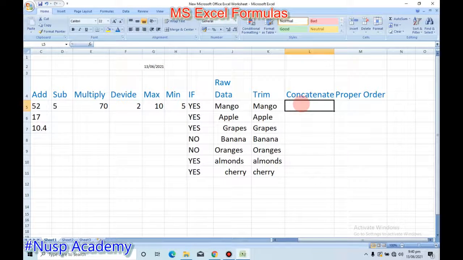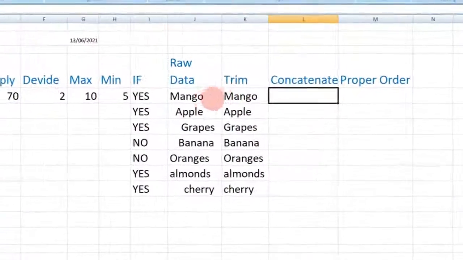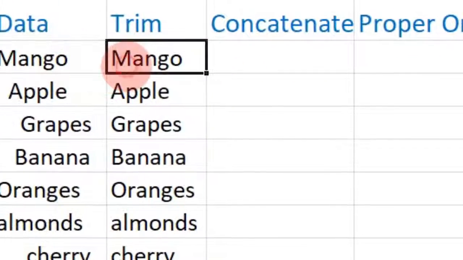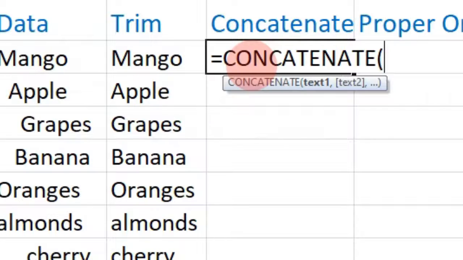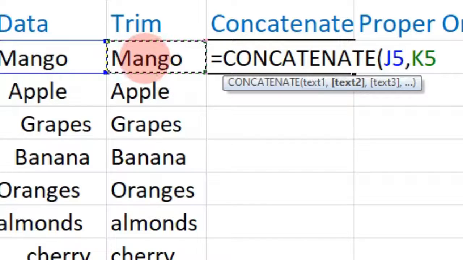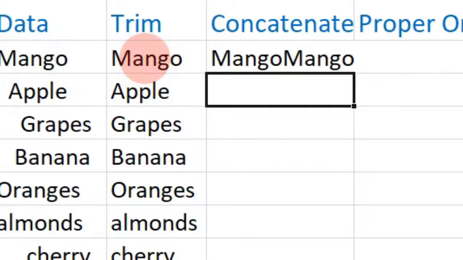Let's see another formula. We can actually concatenate these 2 words. We can write them together. How we will do that is equal to concatenate. Now we want to concatenate this cell and this cell. First we'll select this cell, then separated by comma we'll select this cell, parentheses, and enter.